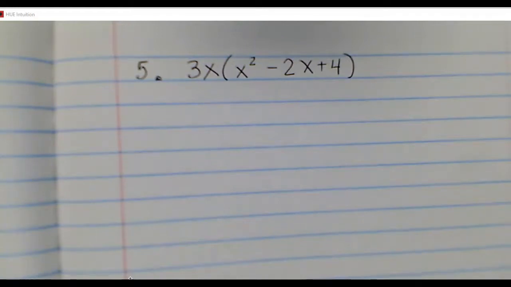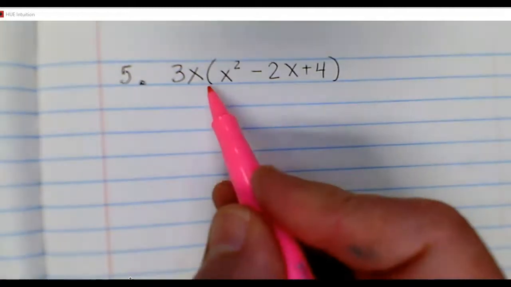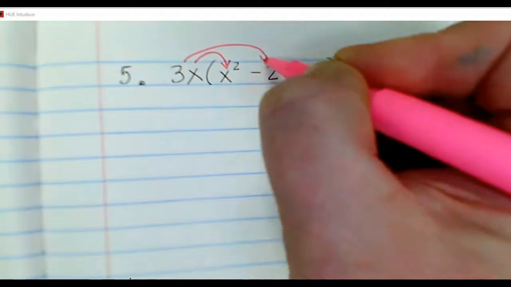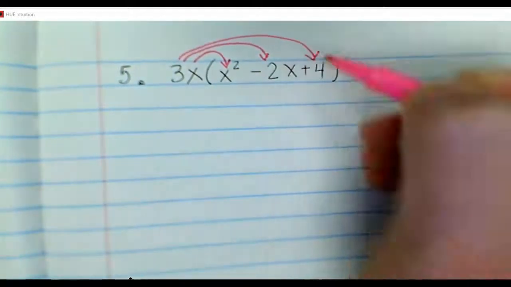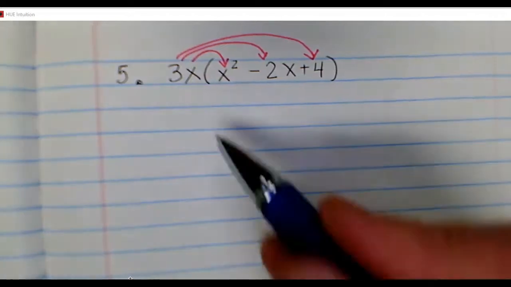I could use a box problem for this, and it would just have a 1 by 3 box. But this is just a monomial, so this means that I need to distribute. This is just a distribute problem. By the way, the first 4 examples were also distribute problems. They were double distribute problems, and that's why it's easier to use a box problem.